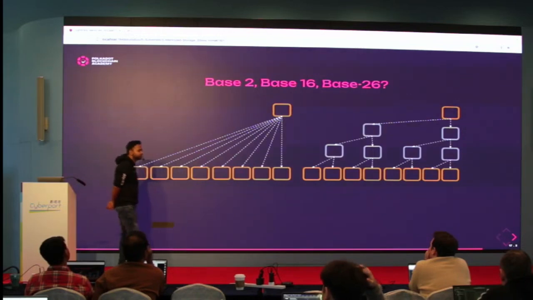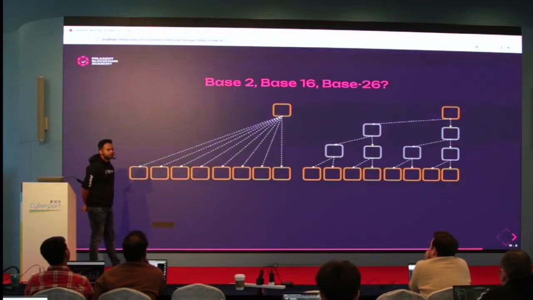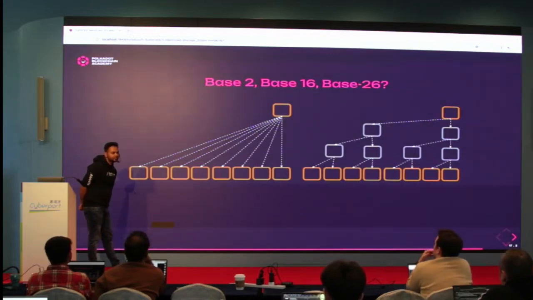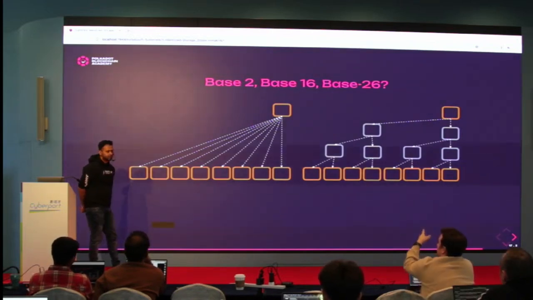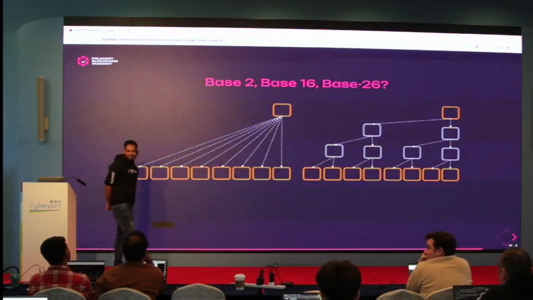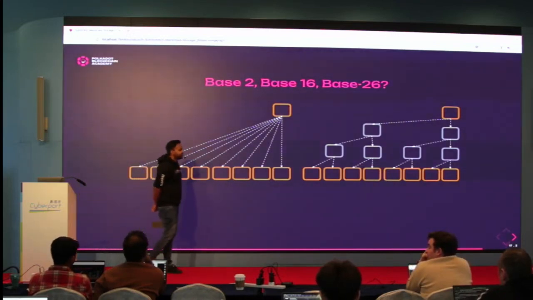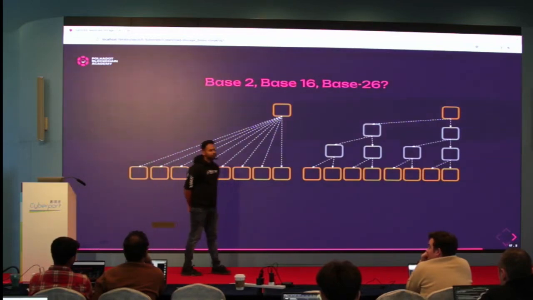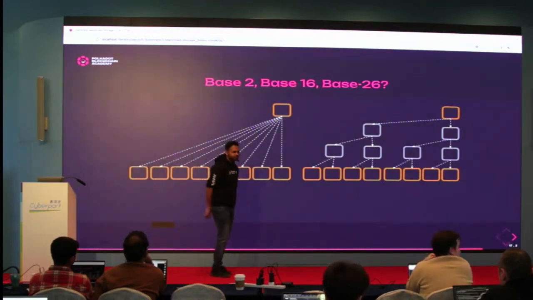Which one will have bigger proof size? Base 2 will have bigger proof size, because it needs to hop more. So when you say proofs, do you want to answer?